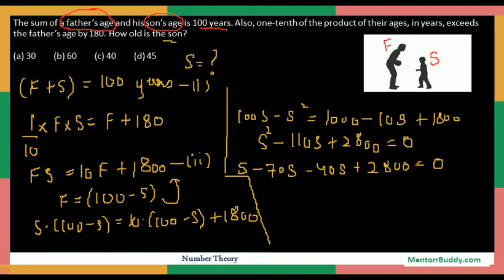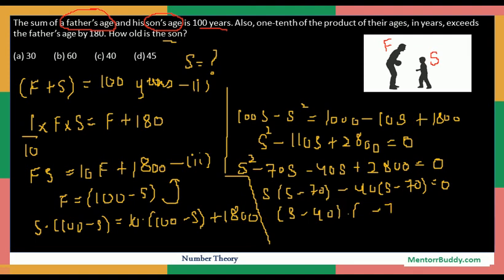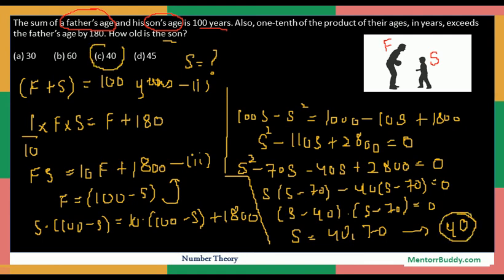Taking s common, this will become s into s minus 70, minus, now taking 40 common, 40 into s minus 70, equals 0. Solving this, this will become s minus 40 times s minus 70 equals 0. Now solving this, we get the two values of s as 40 and 70. One of them is going to be the correct answer, and that is given in the options. So the option is 40. In that case, the correct answer is going to be option C, that is 40.